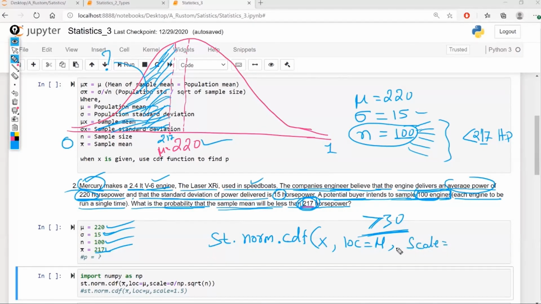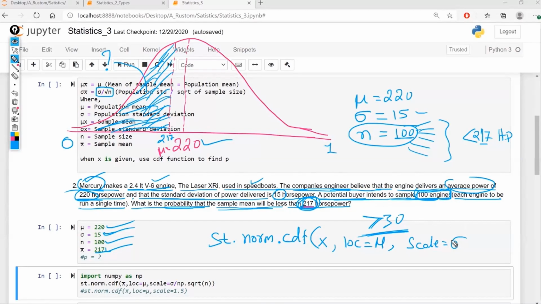For scale, we don't have a sample standard deviation because we are going to check the sample. So I need to use another equation here. Instead of using sigma, I'm going to use sigma divided by the square root of n.